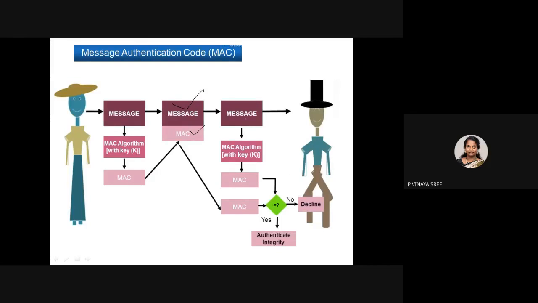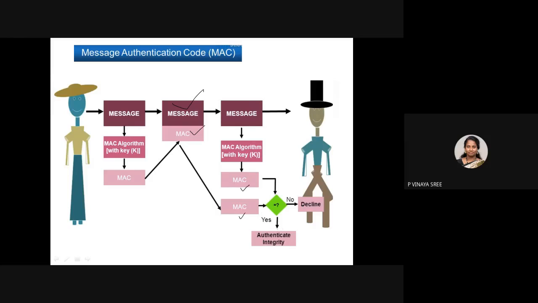So what Bob will do: what Alice has done for calculating the MAC, Bob will also calculate the MAC by taking this message. If both are the same, then the received message is not modified, it is correct. So see here, if both are the same, this we already discussed, then authenticate.